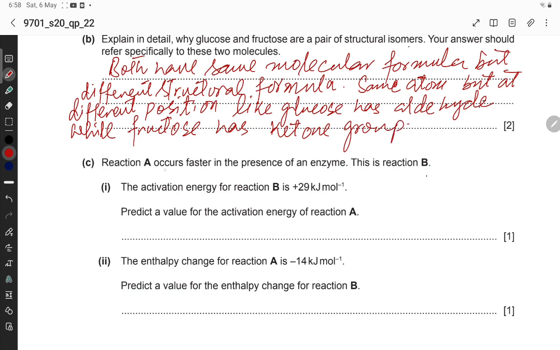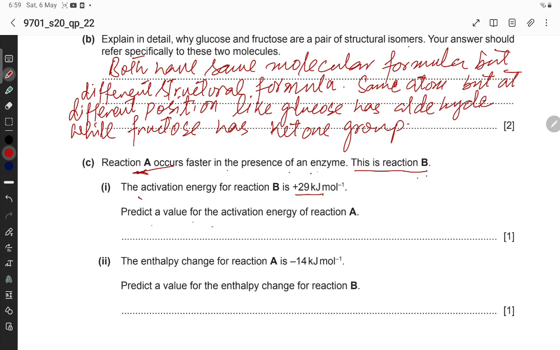The reaction A occurs faster in the presence of an enzyme. This is reaction B. The activation energy for reaction B is plus 29 kilojoule per mole. Predict a value for the activation energy of reaction A. Reaction B occurs in the presence of an enzyme, and reaction A is without the enzyme.